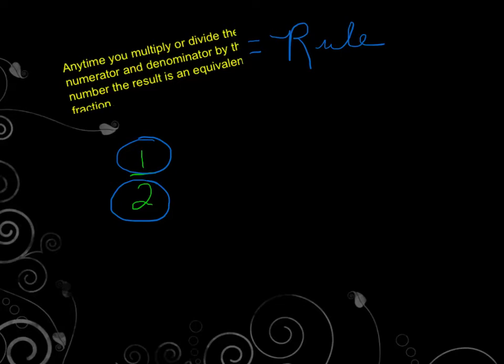So let's go ahead and do an example here. I have 1/2 written there, so let's write 1/2 again. And I want to make an equivalent fraction to 1/2. That means I want to make another fraction that is the same amount, just looks a little bit different, but it's still equal. So the rule says if I multiply or divide, well, 1 is our numerator, so let's multiply by any number I could think of. I'm just going to stick with 2.